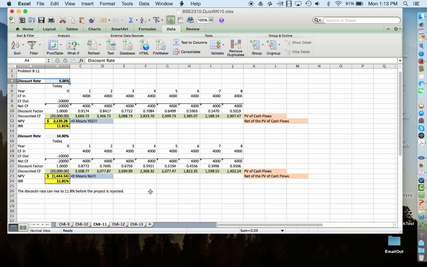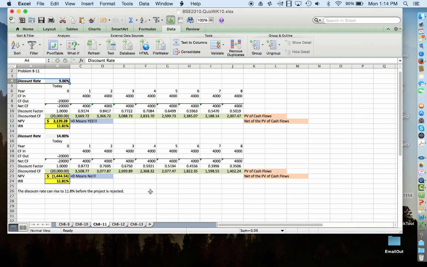The second part then says it's going to increase their cash flow by $4,000 a year. So we're going to increase our cash flow, $4,000 per year. It's going to take 8 years.